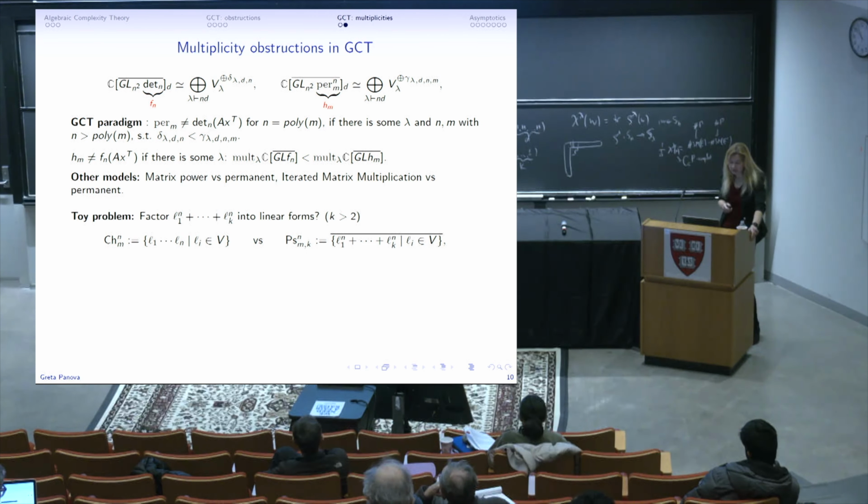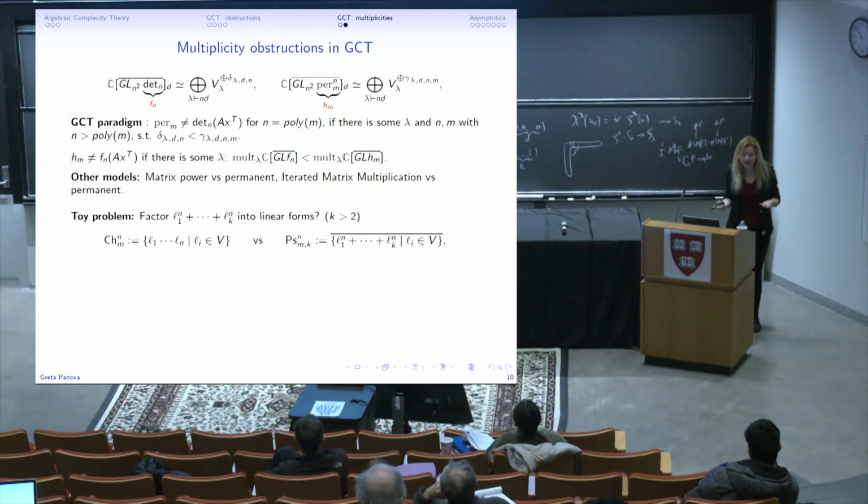And what we could do here is take a toy problem: a power sum polynomial. You can ask whether we can factor it into linear forms. Okay, that's probably easy.